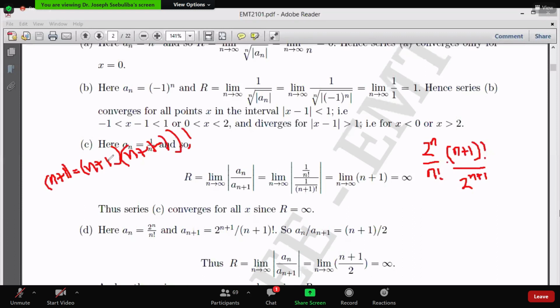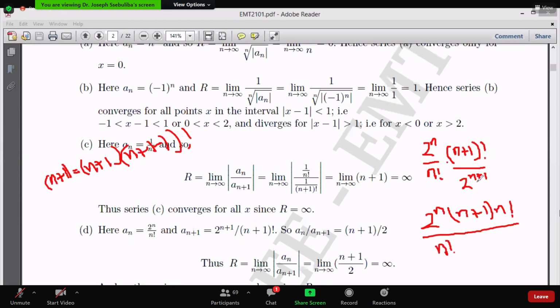So this will cancel with this, and it will give you n plus 1 times n factorial. So it means this will be 2^n into n plus 1 times n factorial, over n factorial.